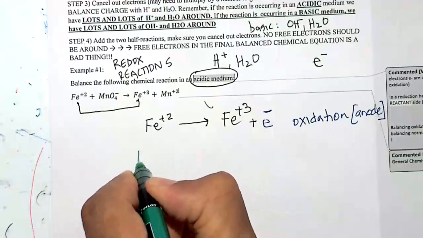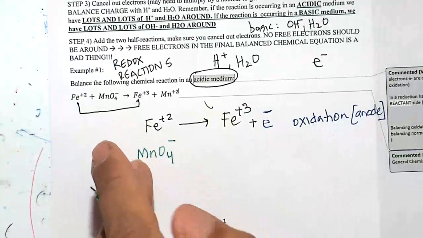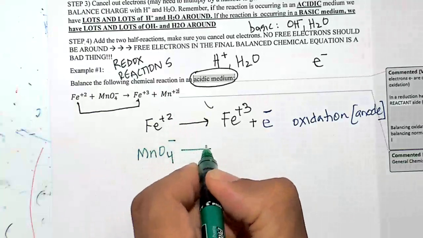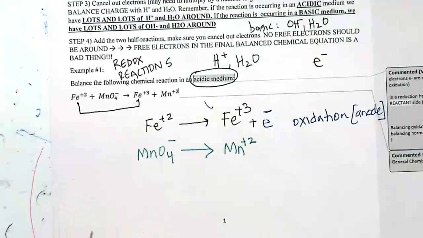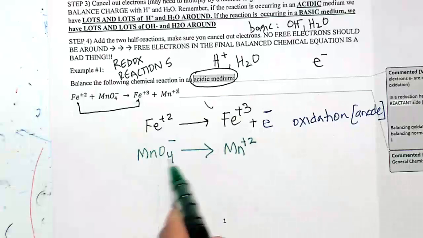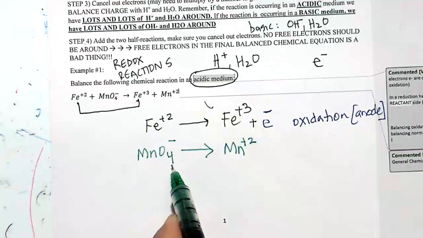Now we'll do the MnO4 minus. This is called permanganate ion, just so you know. And it goes to Mn plus 2. We have one Mn here, one Mn there, but we have oxygens. So we need to balance the oxygens.